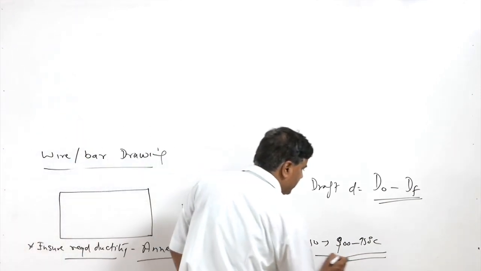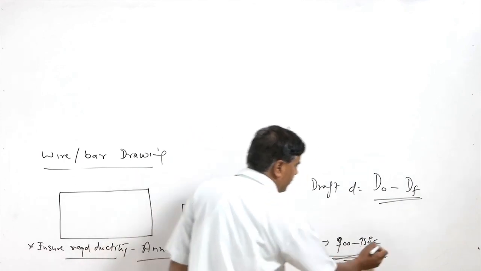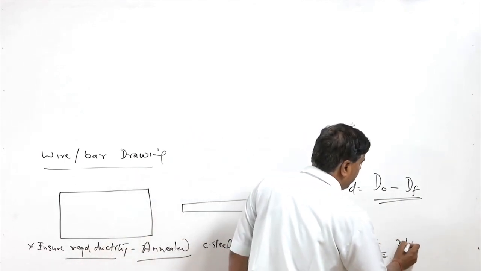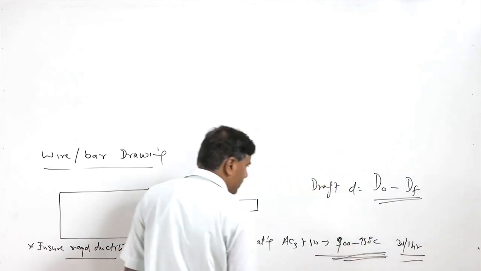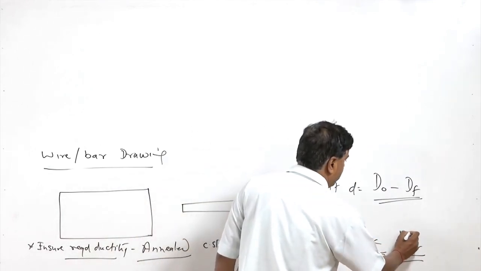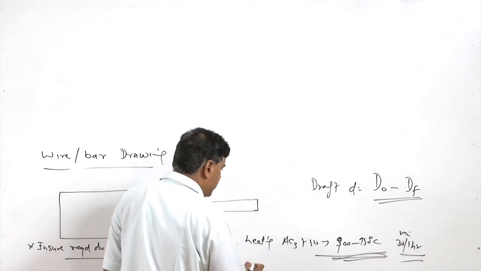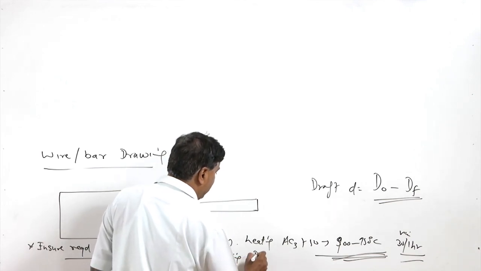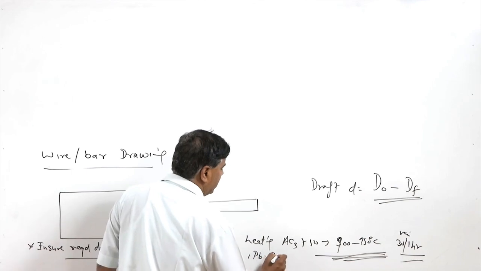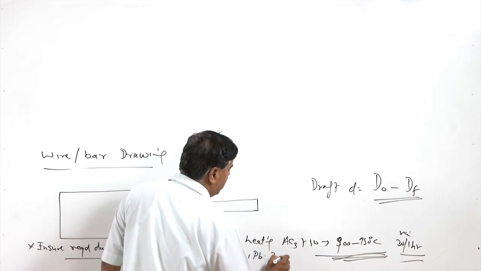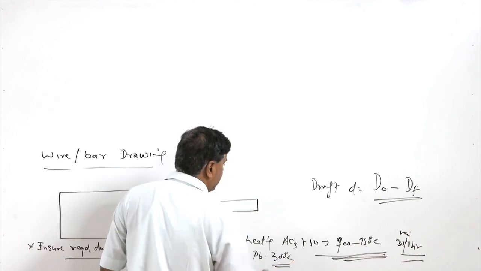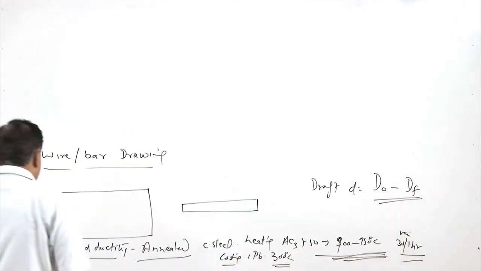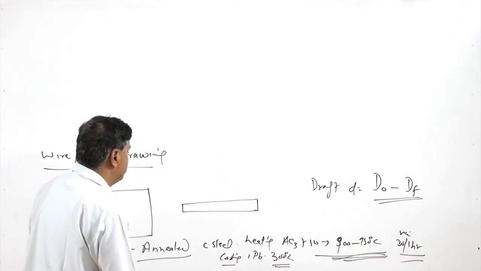And after heating at this temperature for say 30 minutes to 1 hour depending upon the diameter, it is subjected to cooling in a lead bath, at about 300 degrees centigrade, so that it induces the required ductility in the metal.